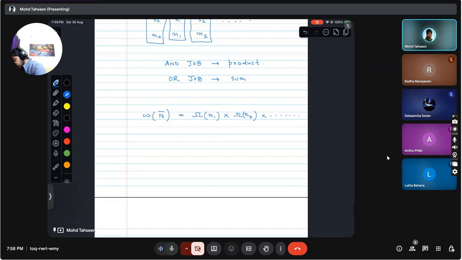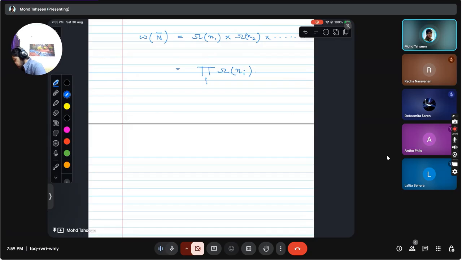The condensed way of writing it is this product, this capital pi, which means product. So I have to carry a product over i of omega ni. This will give me omega n, the probability, all the number of ways in which I can form this microstate n bar.